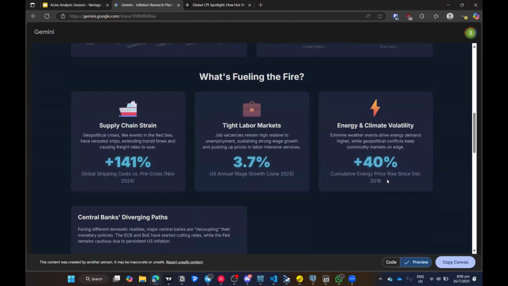A few things are pushing up prices. First, supply chain strain. One key aspect of your supply chain is the transportation routes via the Middle East. There are conflicts happening regularly around the area, but more recently it is the conflict between the Houthis, Israelis, as well as the Iranians.